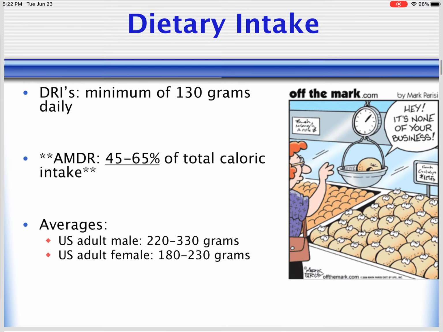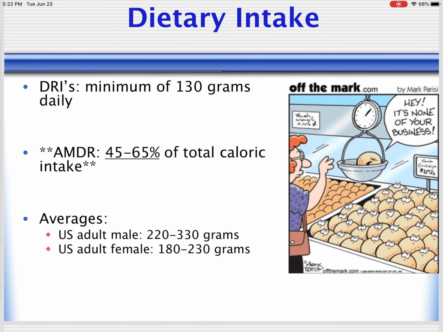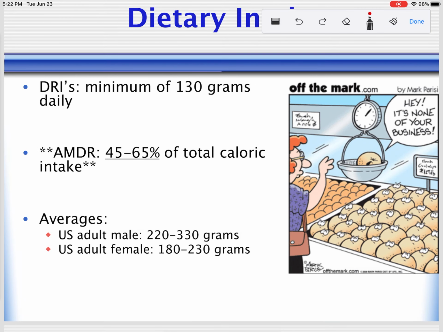Now, for each nutrient, we're going to be talking about a dietary recommendation. So, for example, on this slide, I'd like you to know this percentage. For carbohydrates, for most everybody, they need between 45 and 65% of their total daily caloric intake to come from carbs.